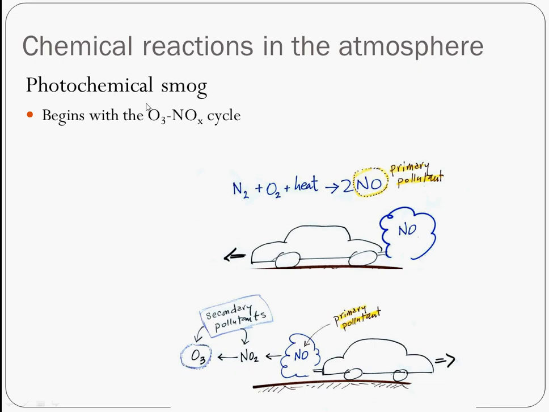And this then begins the whole ozone NOx cycle. The NOx just stands for these different nitrogen oxides, nitrogen oxide and nitrogen dioxide.